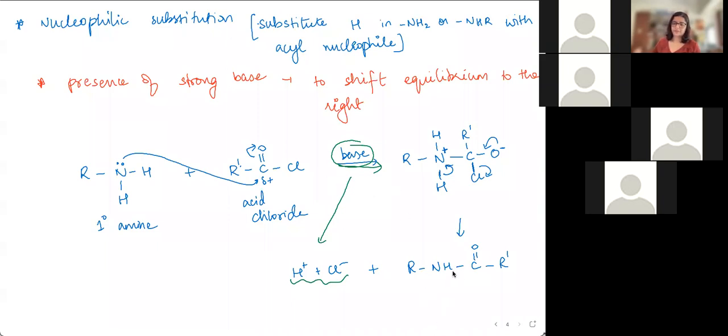Because there is an alkyl group on nitrogen also, the product formed is called an N-substituted amide. Usually pyridine is used as the strong base, because it is an organic base. NaOH also can be used, but it needs to be quite strong.